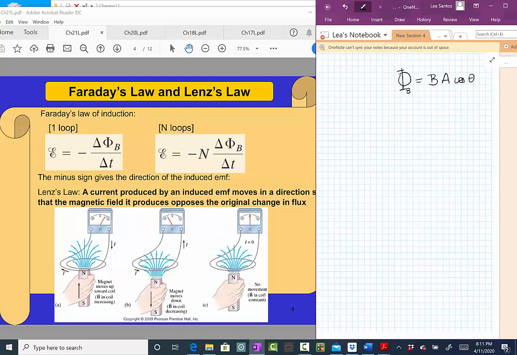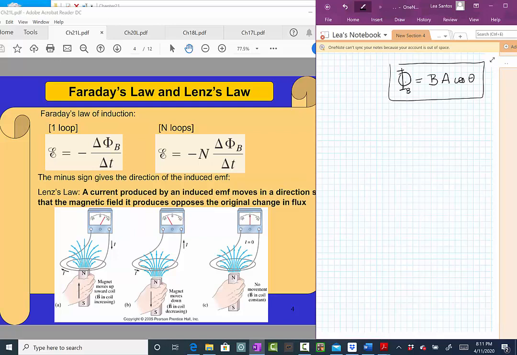Okay, so we induce current by making a change in this magnetic flux. In other words, we create a potential difference, we create an EMF, by making a change in this magnetic flux. Creating an EMF, creating a potential difference, means creating a current.